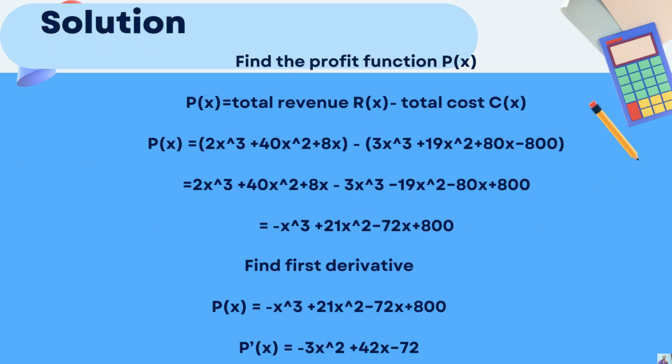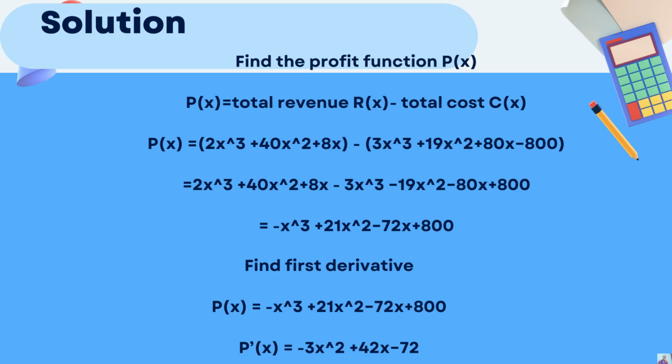To find the level of production for maximum profit for the company, we need to find the profit function. The formula for the profit function is total revenue minus total cost, and we get the profit function P(x) = −x³ + 21x² − 72x + 800.